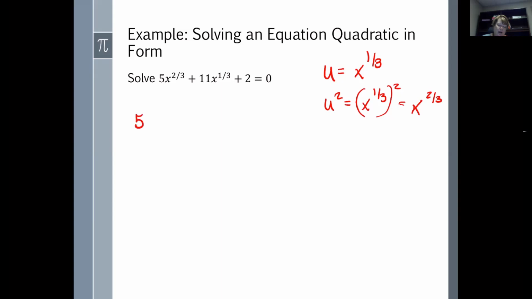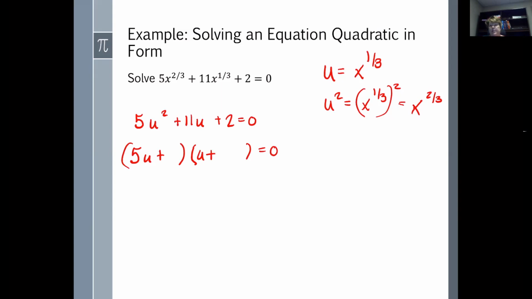So now we can convert this equation to an equation that's quadratic. So it's going to be 5u squared plus 11u plus 2. And I hope you can just recognize how to write that equation as a quadratic. All right, now we're going to factor this. They're all going to be plus because everything's positive.